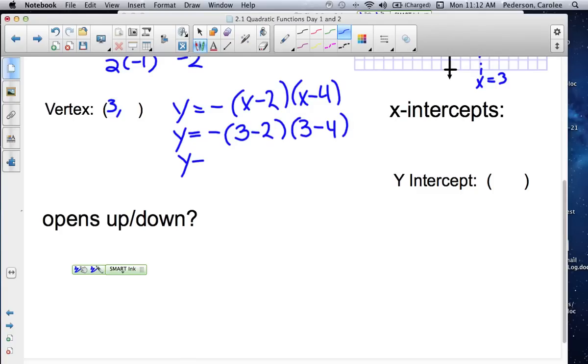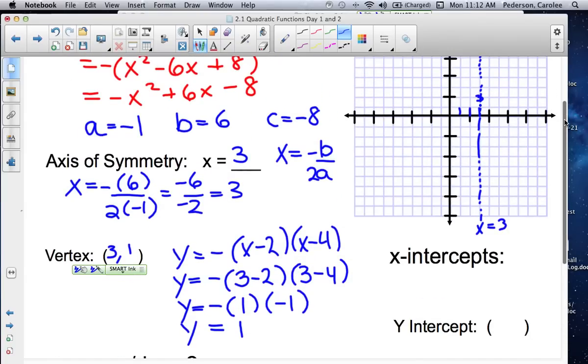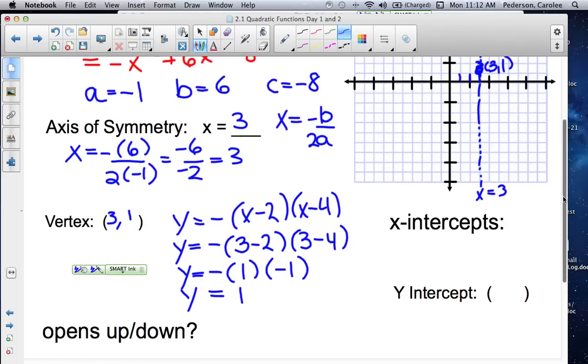Do my order of operations, my parentheses first, and then multiply. Negative 1 times negative 1 is 1. So my vertex then is 3, 1. So on my graph, I would go over 3, up 1. It's like my smart board needs to be recalibrated.